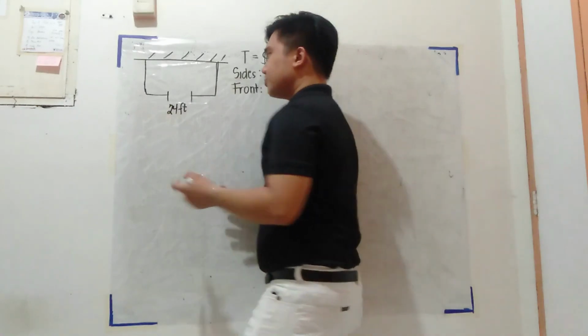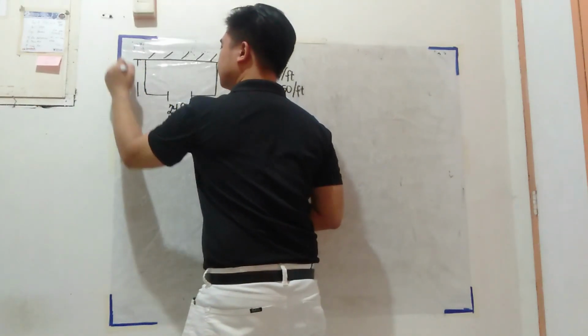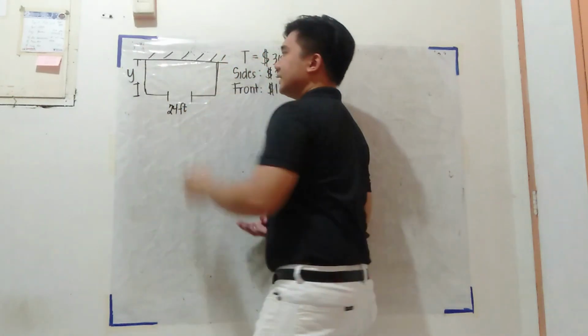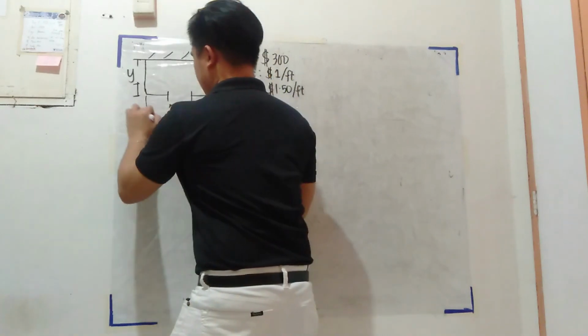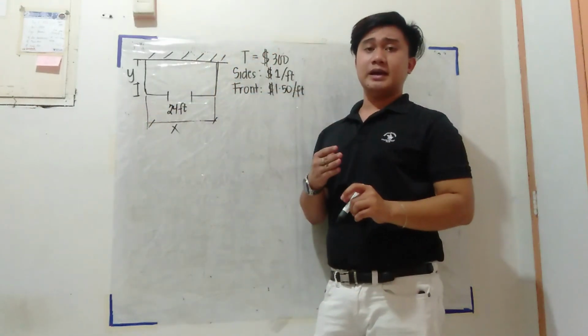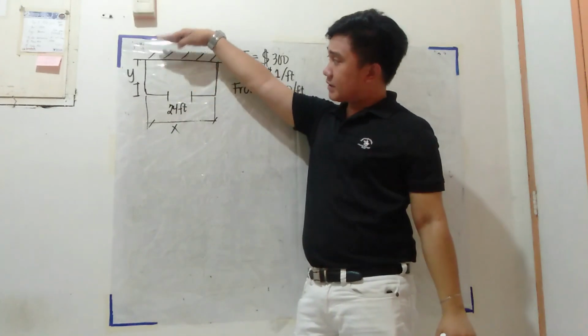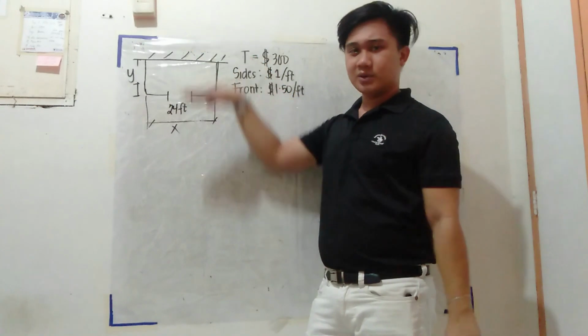Okay? So, let this be y, itong side na to, and y din to. And let this be x. Sinabi din sa problem na hindi na daw natin babakuran yung nasa tabi ng river, kasi baka maanod lang daw.